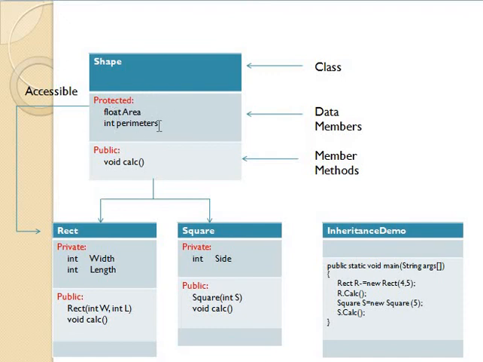Now once these data members have been declared protected, they shall be accessible only within their own class Shape, and they shall also be accessible to the inherited classes Rect and Square, but they shall not be accessible to the class InheritanceDemo.